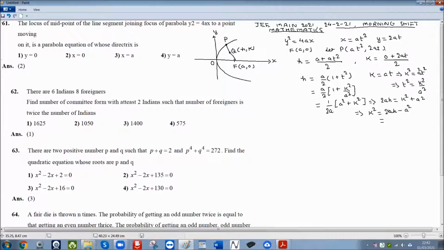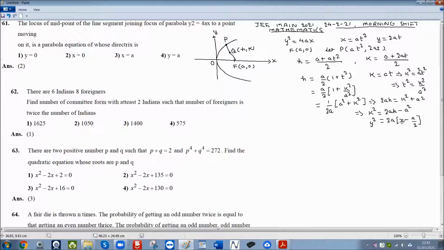Now, standardizing this equation, we can replace k by y, h by x. So this becomes y square, and let's take 2a common. H is replaced by x. And here I will have a by 2.